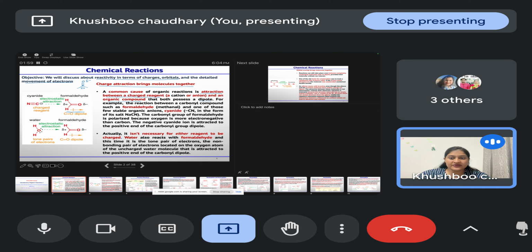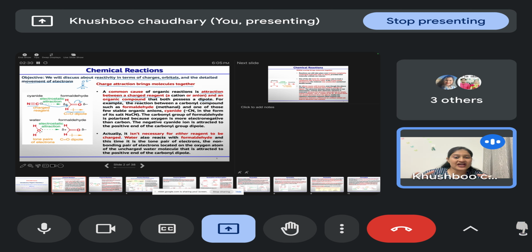Because of the generation of this dipole, any nucleophile can approach this carbonyl carbon. For example, if we have cyanide with a negative charge on the carbon, this negative charge will attack the positively charged carbonyl carbon, and as carbon cannot form more than four bonds, one of the bonds will break towards the oxygen.